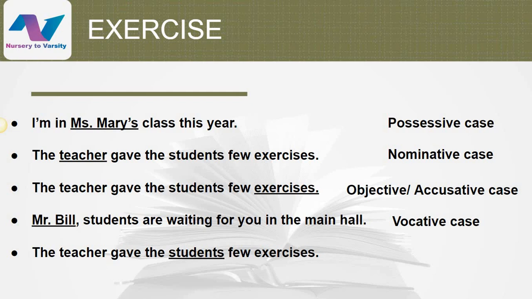As I've said, a supporting character in a sentence is 99% always a case of indirect object. So here, "students" is a case of indirect object, and when a noun indicates an indirect object, this is all about dative case. So here we have completed our exercise as well.